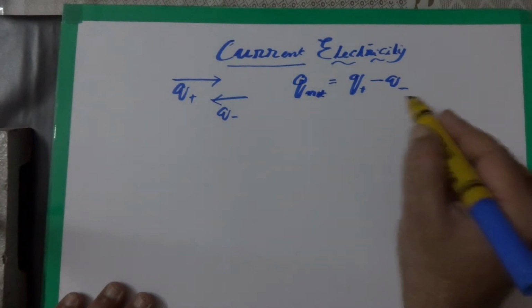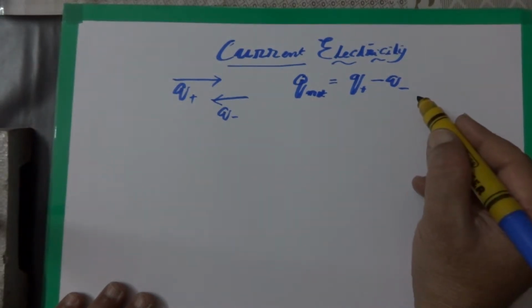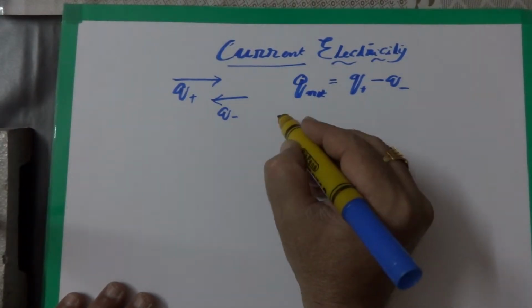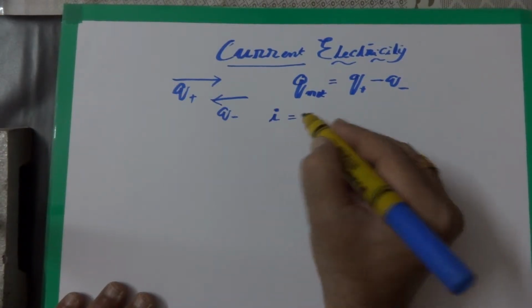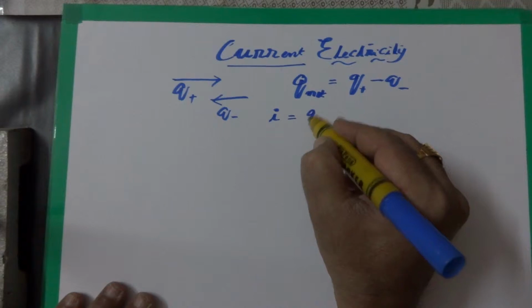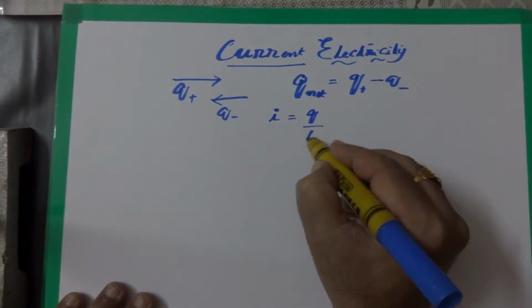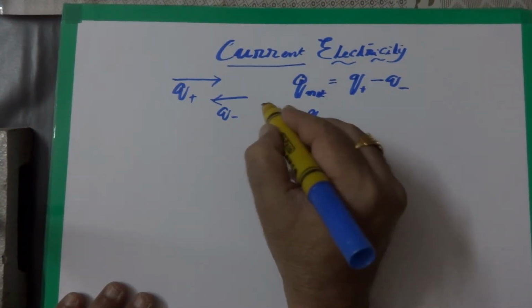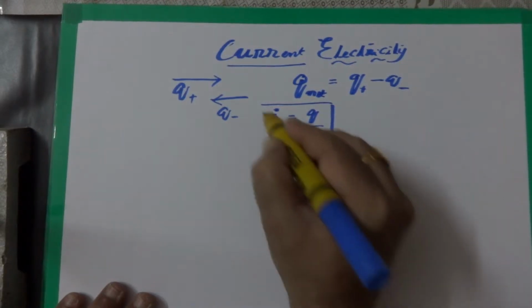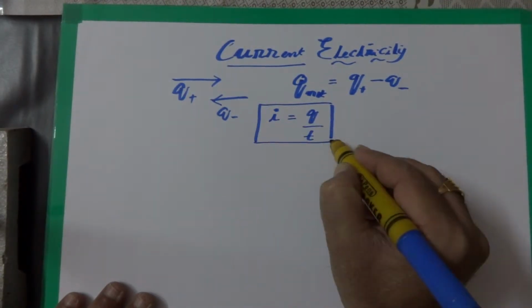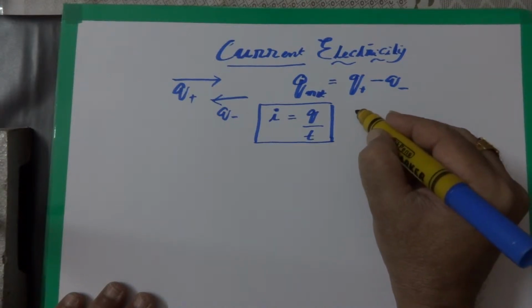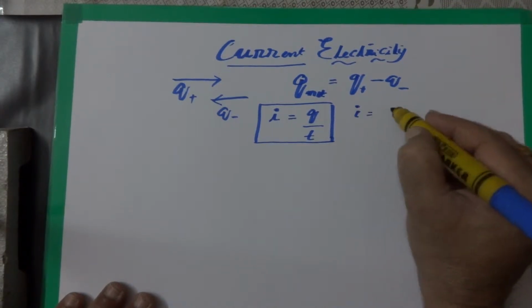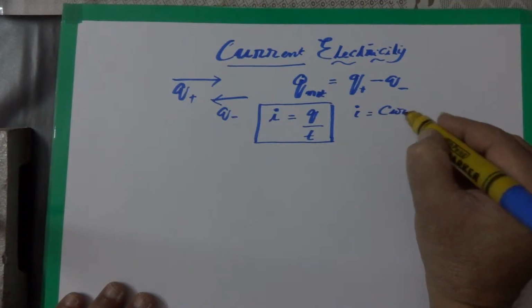So this net charge is directly proportional to T. Now we can define the current as the rate of flow of charge, that is Q net by T. This quantity is called the electric current. I represents the electric current.